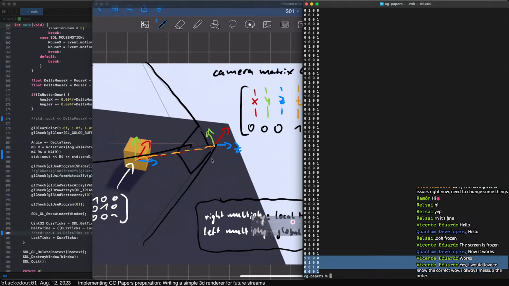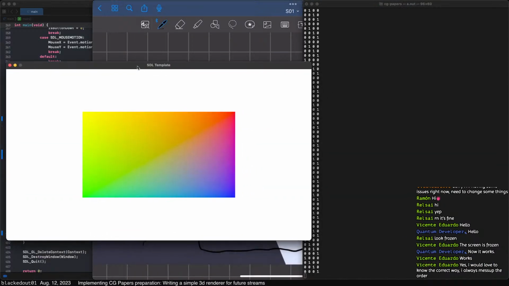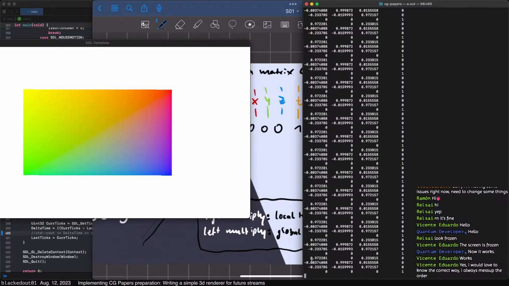Wait, I should probably move the rectangle. I think that looks correct. So we have the rotation matrix here in the upper left, and the other components are like they should be. So no translation, and the last column is just 0, 0, 1.